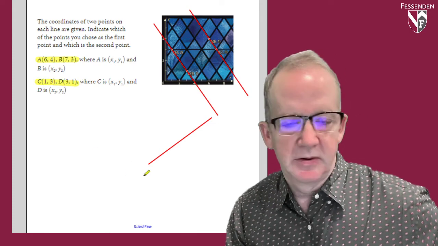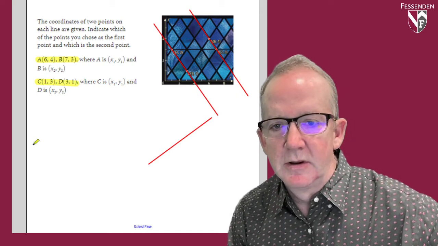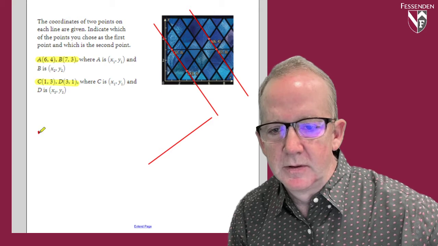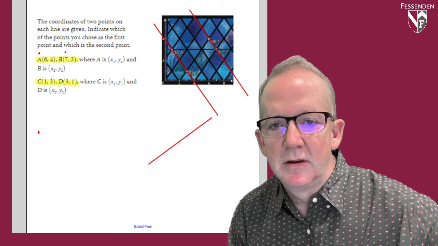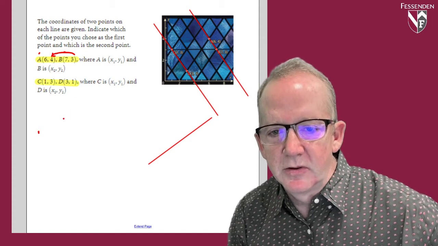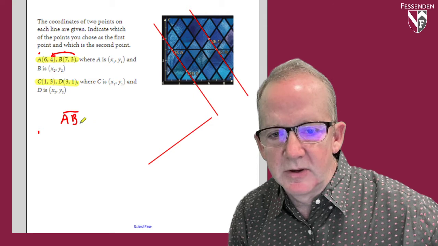Okay, let's do not highlighter now. If we want to find the slope of AB, that's the segment, and I want to find the slope, so I'll put a little m there.